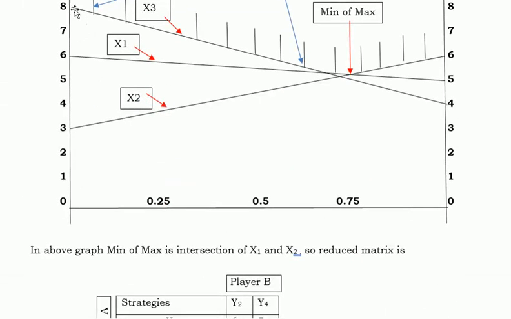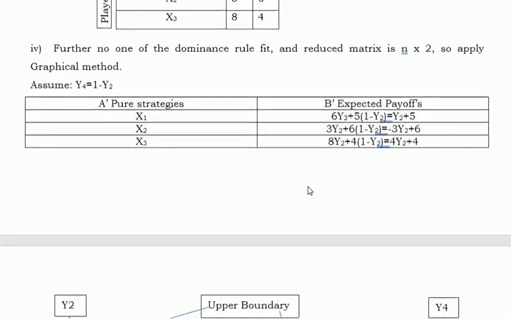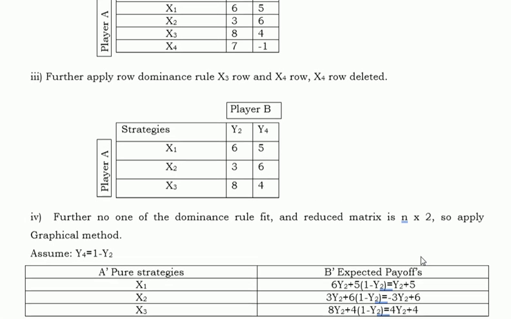Join these two by a linear line. This is x3. So this is how to construct a linear line for each strategy in an n by 2 payoff matrix.